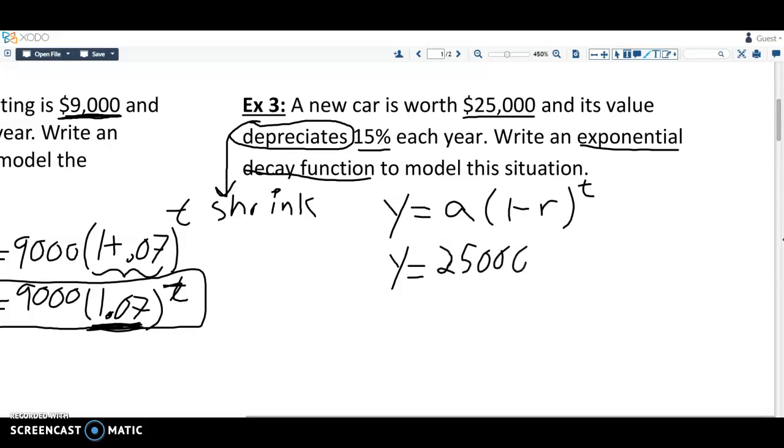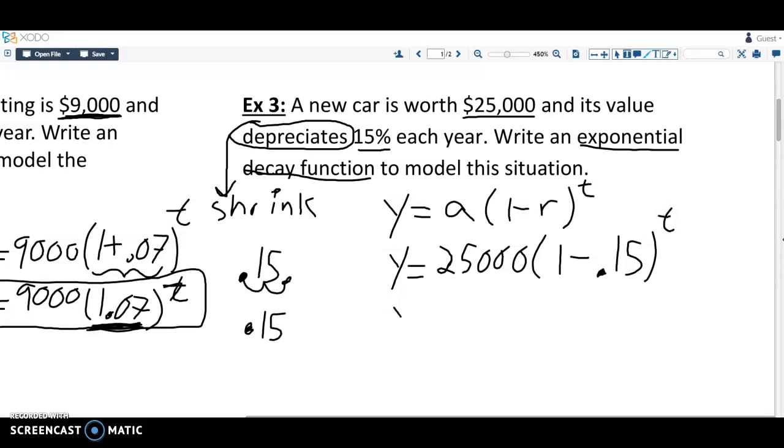25,000 times 1 minus, and I can't use 15%, so I'll write 15. I'll put a decimal, move it 2 places to the left, and so my R value is 0.15, so I didn't need to fill in a 0 this time, to the power of t.